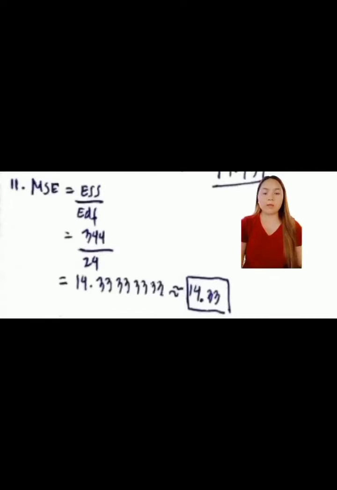9.73. Number 11, MSE equals ESS over ADF. So the ASS here is 344 divide 24. The total is 14.333333, or 14.33.